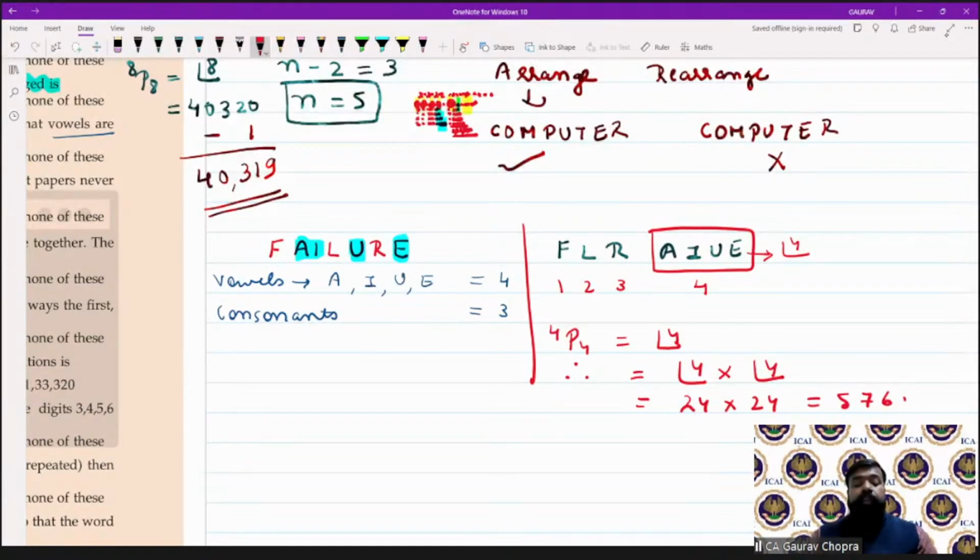So in total, 576 words can be formed in which all the vowels will come together.